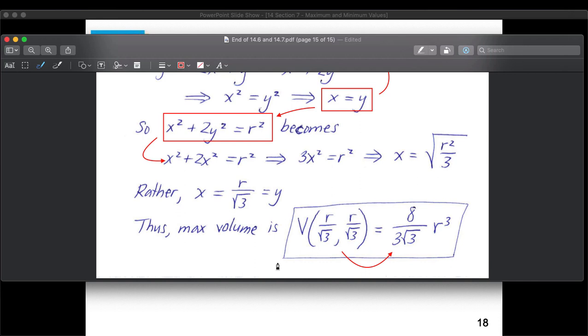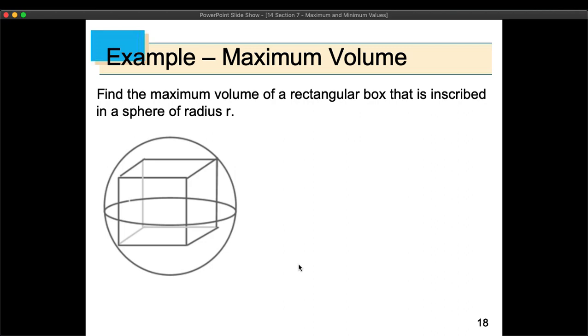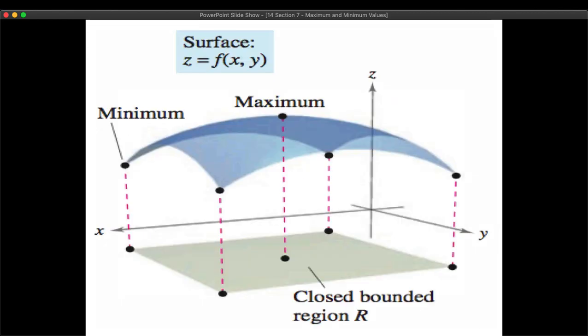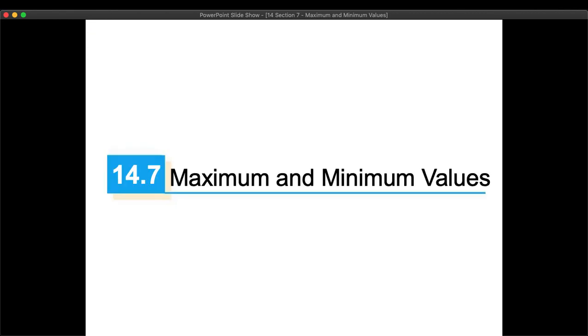Now, the final word I want to say about section 14.7 is, once again, this section is all about finding maximums and minimums. And it's a very methodical, consistent section. I hope you would agree with that. So while each problem has its own twists and turns, you notice that I used a lot of the same methods for every single problem I did.